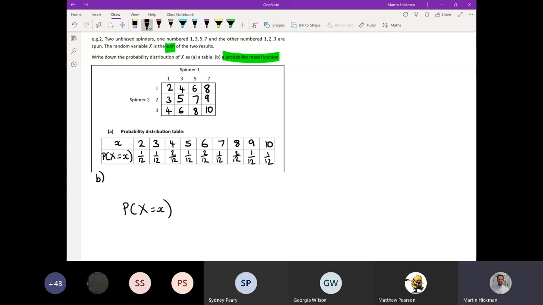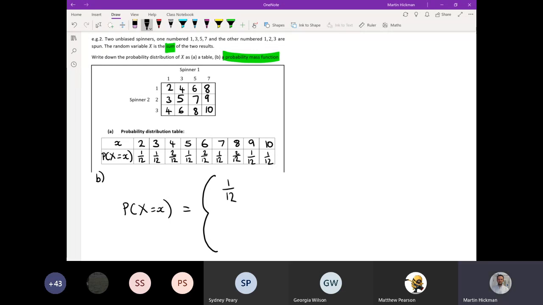I would write out the probability of capital X equals lowercase x. And remember that probability is going to be different for different values that you put in. So you can see if you put in x as 2, x as 4, x as 12, you get different values each time. So this is just a way of generalizing all your probabilities. So I just put this kind of curly bracket here. And then I just put all the possible probability values I could get.